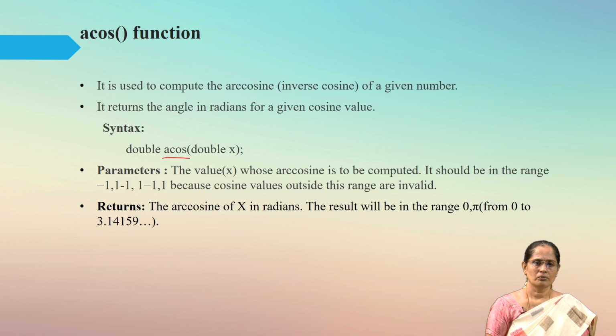The value specified in x, whose arc cosine is to be computed, should be in the range -1 to 1, because cosine values outside this range are considered invalid. It returns a value in the range 0 to pi, that is 0 to 3.14.